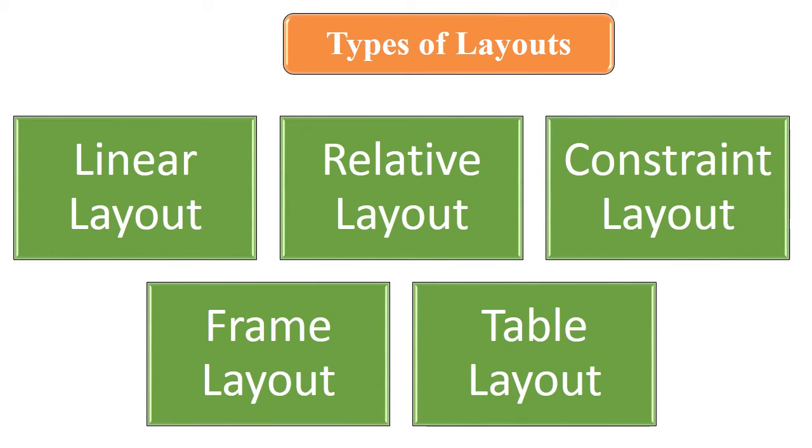Types of layout: Android linear layout, Android relative layout, Android constraint layout, Android frame layout, and Android table layout. Android linear layout is a view group subclass used to provide child view elements one by one, either horizontally or vertically, based on the orientation property.